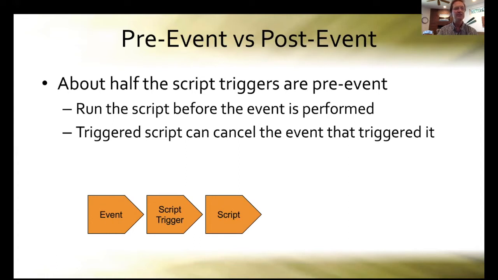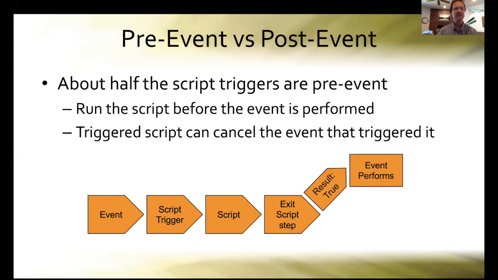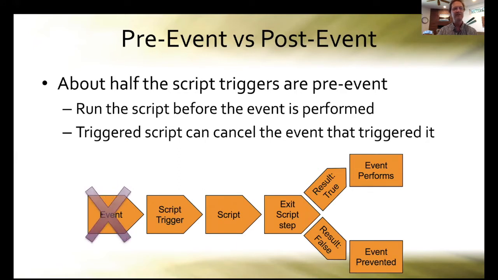And maybe it contains some if statements that say, if such and such is true, then exit this script, passing a script result of true back to the script trigger that called it, in which case the event performs normally. On the other hand, if such and such is not true, then exit this script, passing a script result of false back to the script trigger, which then prevents the original event from happening. It's remarkable, really.